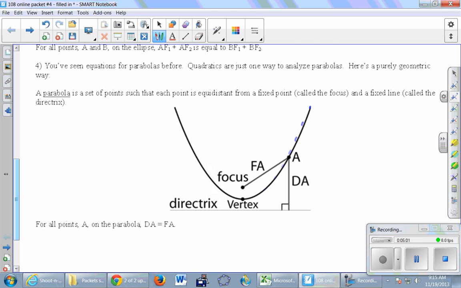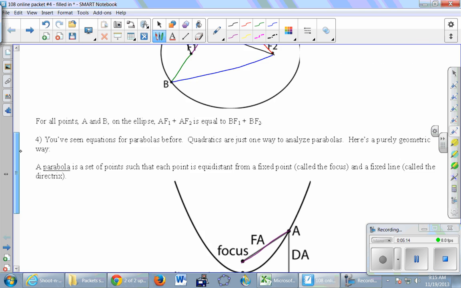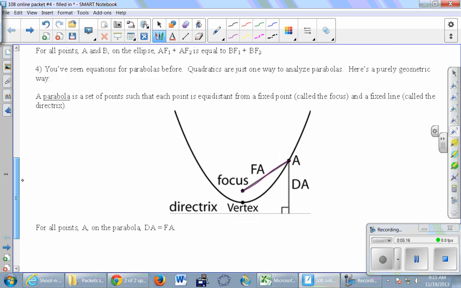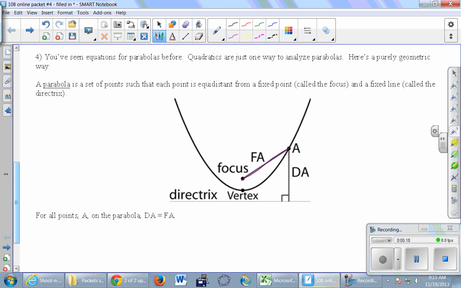So the idea is you pick a random point, call it A. You take a look at the distance between, let's use the same colors we used before. I think we had purple and red. So we take a look at the distance between point A and the focus, and then in red we look at the distance between point A and the directrix.